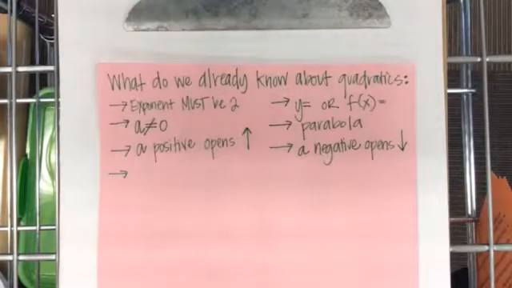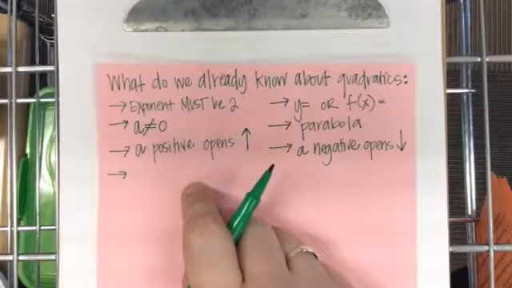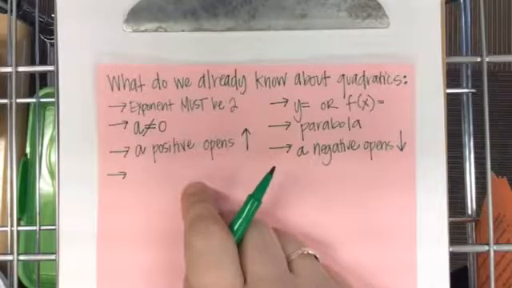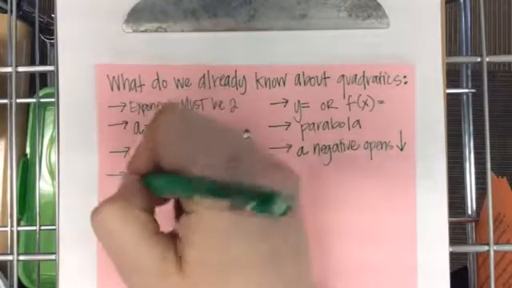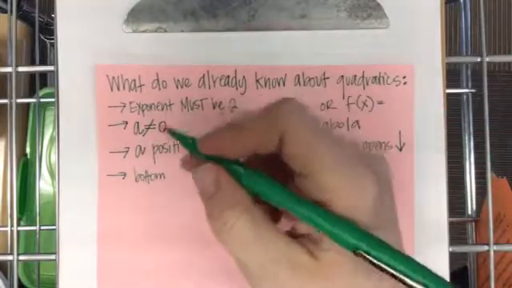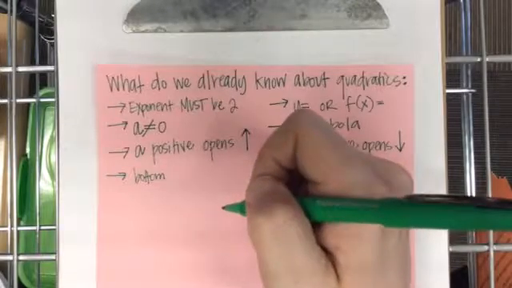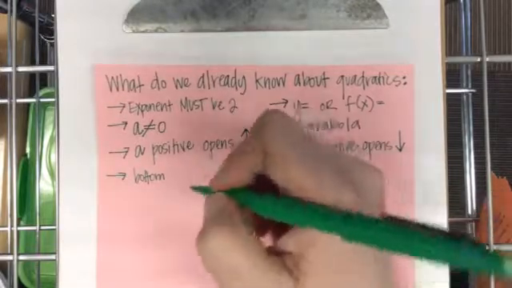I know that graphs that open up, right? Parabolas that open going up have a bottom, right? If they go up, there's a bottom to the graph. What's that called?